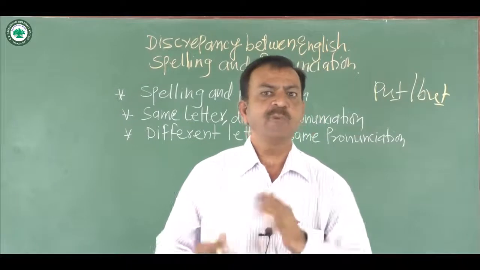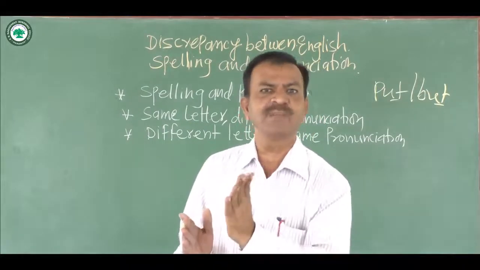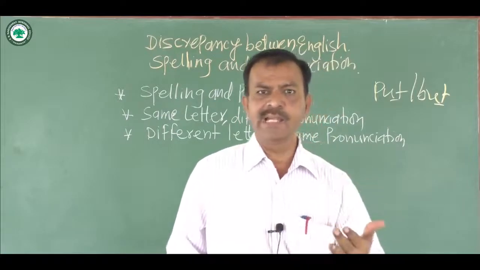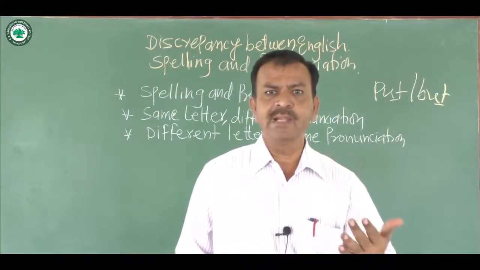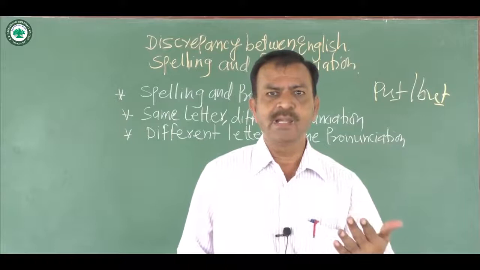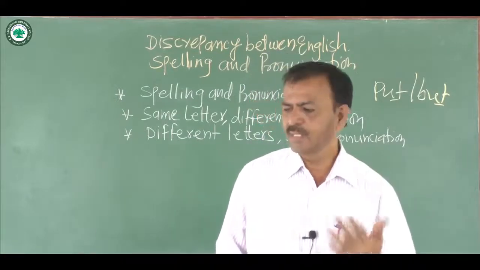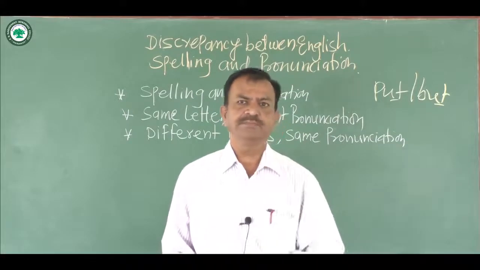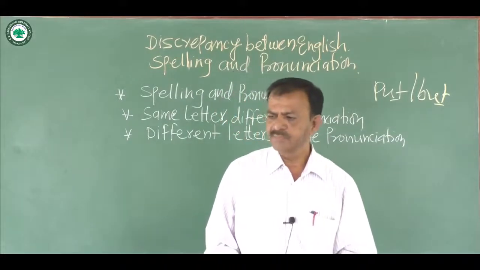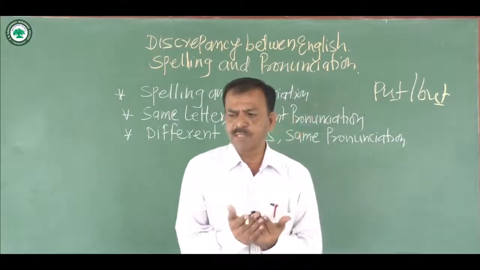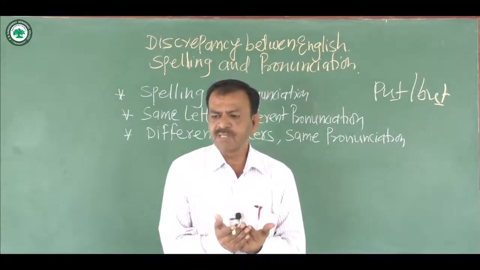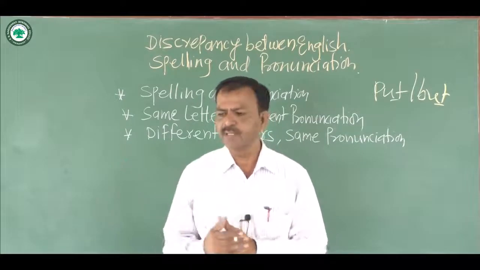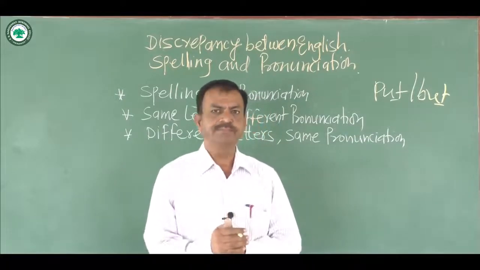So, final R is not pronounced. For example, little, cattle, bottle. So, L here is known as the lateral sound. Sometimes some words are pronounced with the silent, which we are going to study later on.